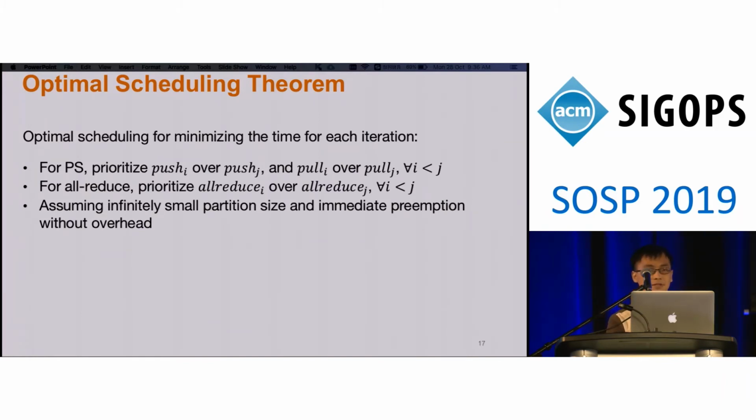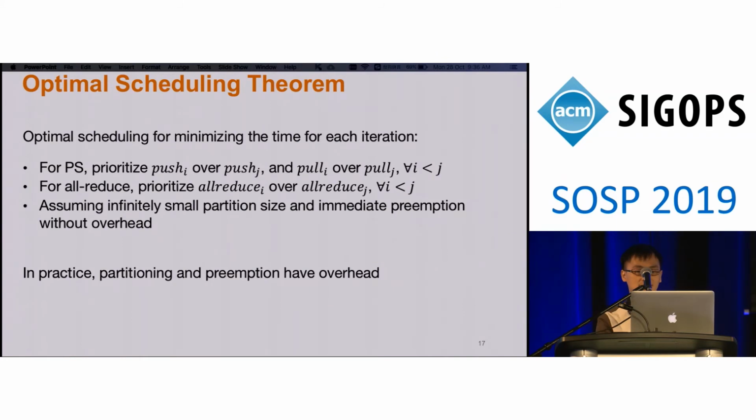Then, for either parameter server or all-reduce architecture, assigning higher priorities to the layers that are closer to the input layer is an optimal solution. However, in practice, partitioning and preemption have certain system overhead. And next, let's see how to address this.